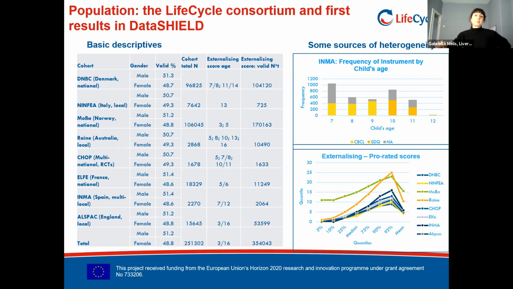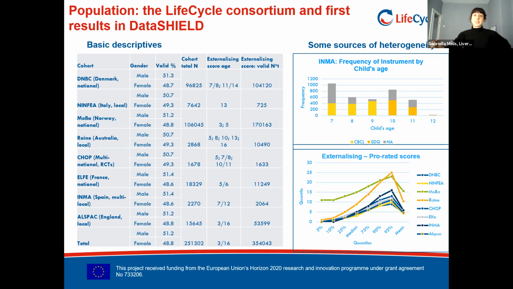As a brief introduction, for the general distribution of gender, for instance, you can see that the distribution is pretty balanced across the cohorts. And as we are focusing on externalizing, I reported here the time of measurement of each cohort in terms of child age, and we can see how this varies across cohorts.